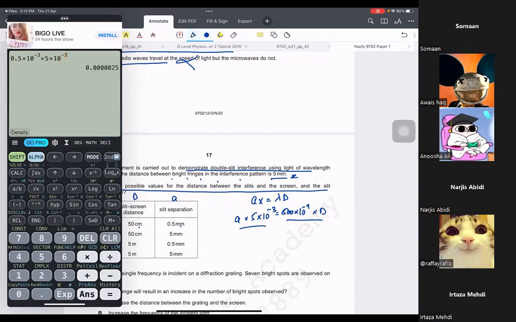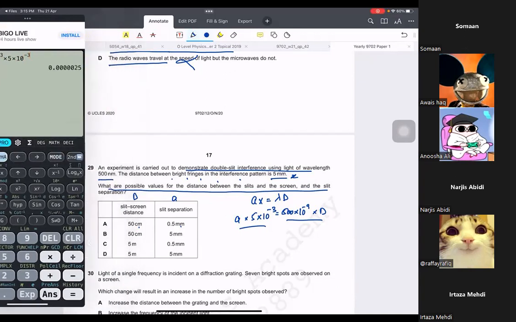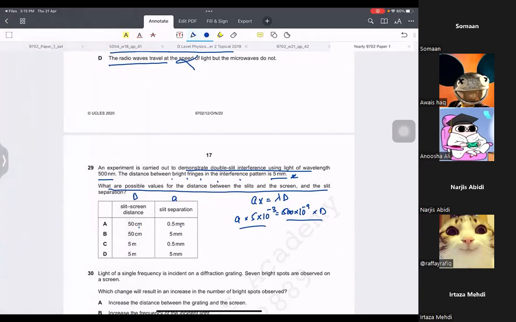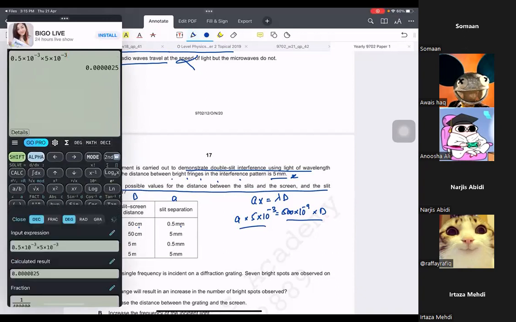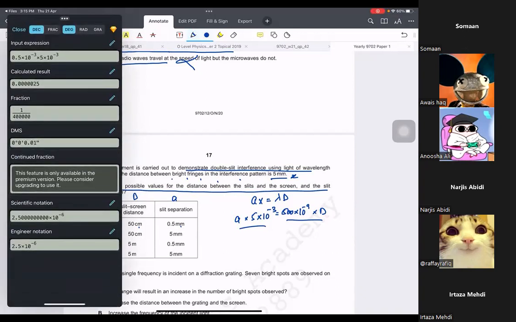My calculator is not a good one. Can somebody please check this on my calculator? I don't want to do this on this one. Okay, anyway, 2.5 times 10 raised to minus 6.